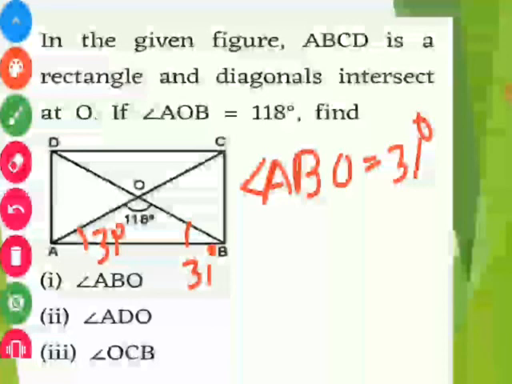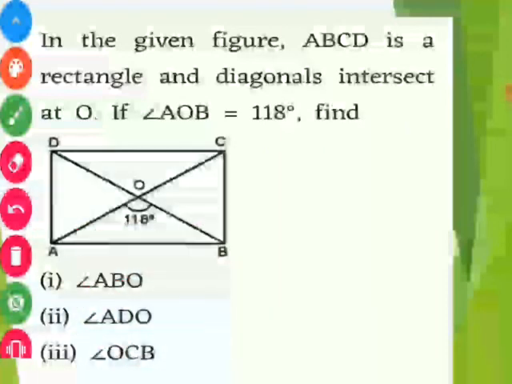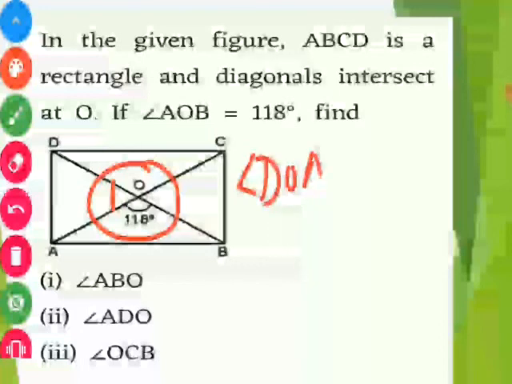So once we have done the first part of the question, now let's solve the second part of the question, that is angle ADO we have to calculate. For that, if you see, these two angles are forming a linear pair. So angle DOA plus 118 degrees will be equal to 180 degrees.